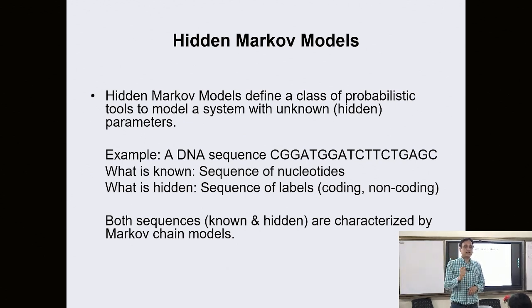Because of that, the other limitation also gets addressed, where a window spans the boundary and has to be predicted as entirely one or the other. With hidden Markov model, you don't have to worry about this, because each base is now being predicted as protein coding or non-coding using the information in the entirety of the sequence.